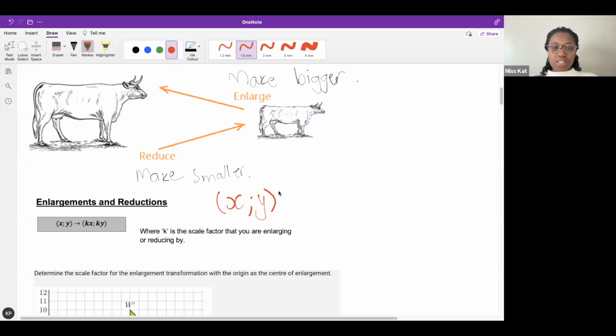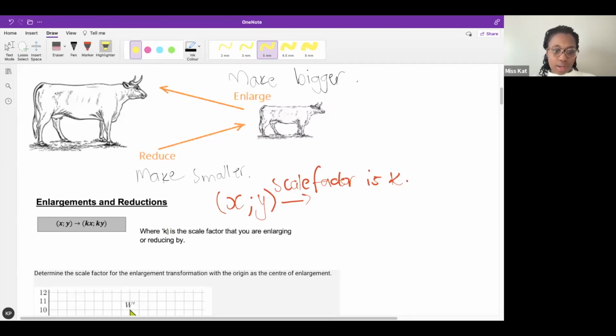Okay, so let's say the original one was X, Y, and I say our scale factor is K, which is what they did over here. So they're telling us K is the scale factor. Why did they use K?